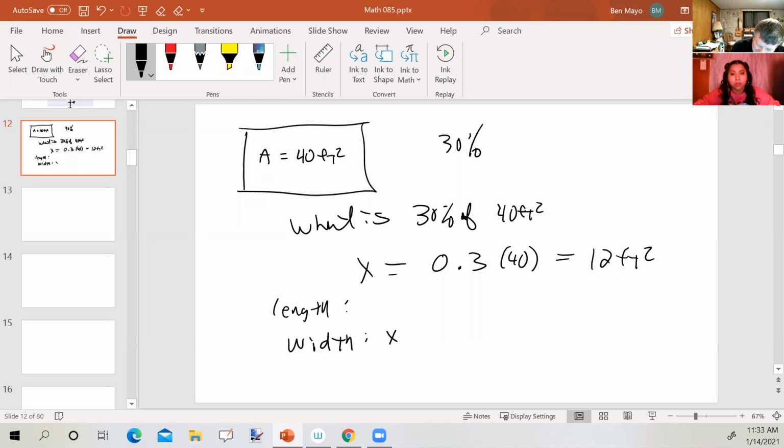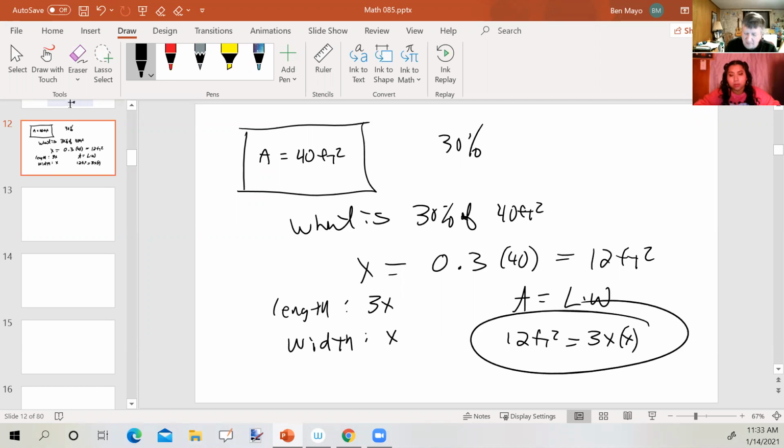So if the width is x, the length would be 3x. All right. So what we've got, area is length times width, 12 square feet equals 3x times x. So this becomes our equation. Any questions on that? All right.